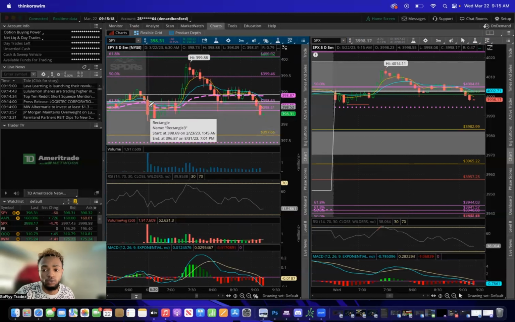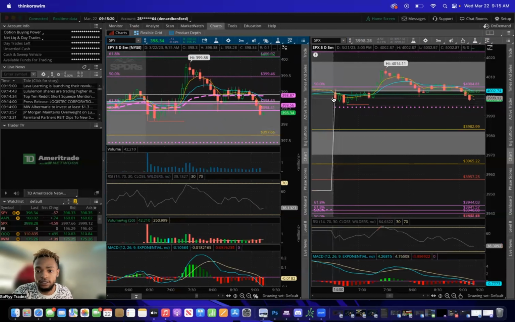But what I seen here on SPX as we were trending down, I seen we were getting close to this pivot point, and SPX tends to hold its levels. It tends to respect its levels. So what I could infer from this was that buyers would eventually step in at some point, even if it's temporarily throughout the day. But I knew they were going to step in at one point since we were coming down to this pivot point.